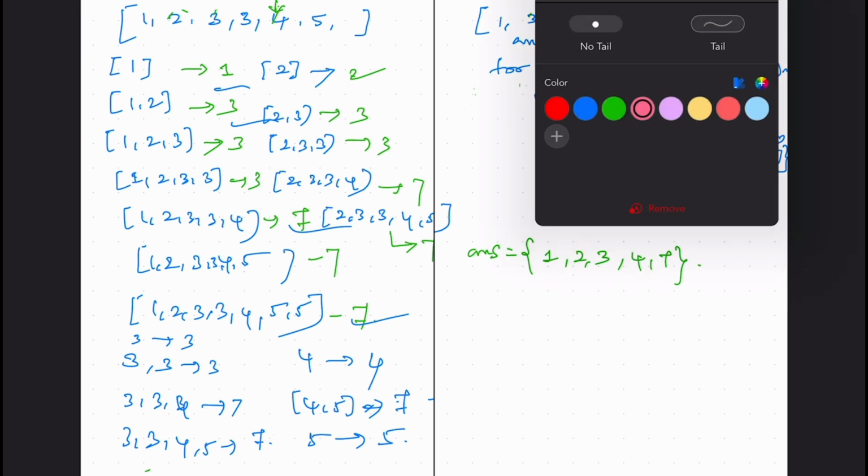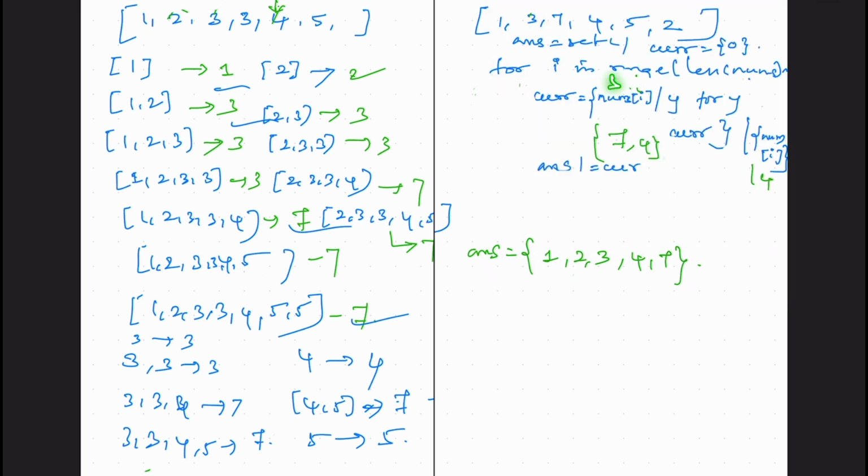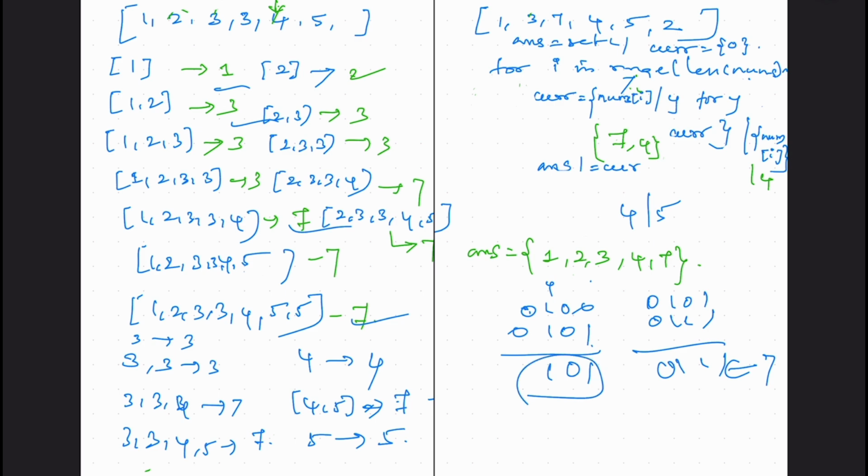Now when 5 comes, 5 OR 7 still will give 7, and then 4 OR 5 will give 5.